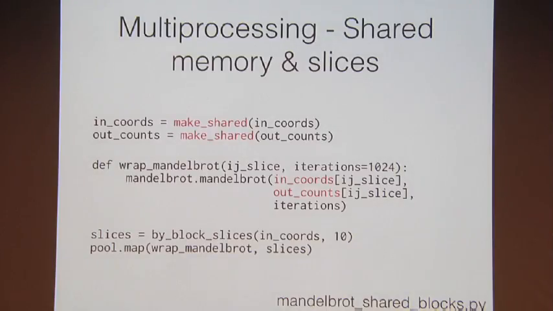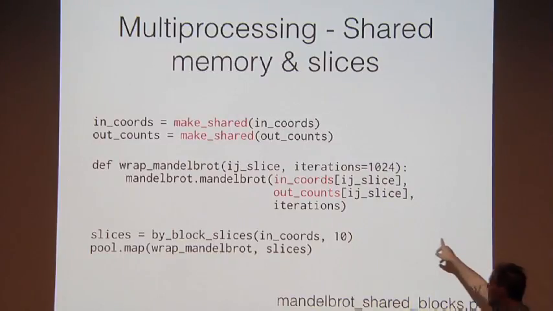So our next step was, okay, we're not going to serialize all the data. We're going to share memory and serialize the parts to work on. There were two little adjustments to the previous version. One, let's convert the in coordinates that we created in the usual sense, just an array, into a shared variable, so that all the processes have it.